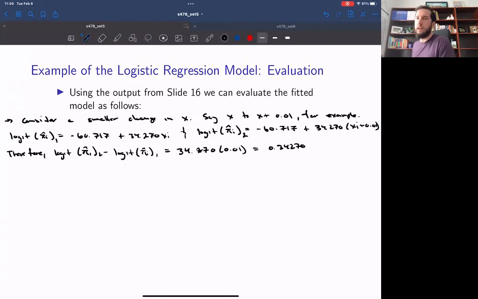Okay, so this is telling us that the change in the log odds when we consider a 0.01 unit increase in the dosage is going to be 0.3427, right?